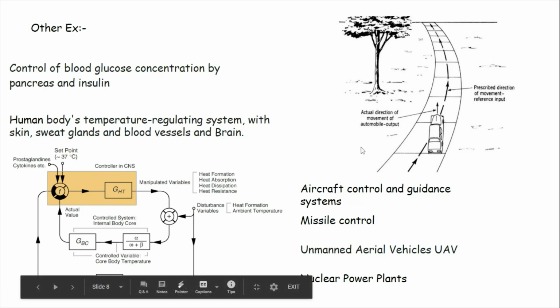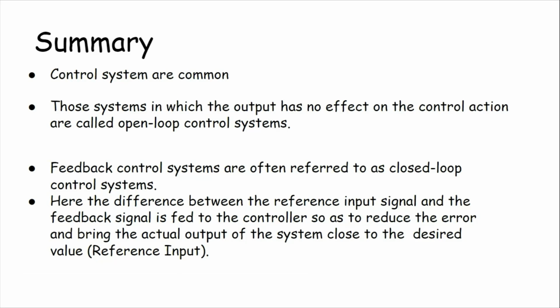Now, let's summarize our observations. So, control systems are common. You can find them everywhere around you. When the output has no effect on the control action, the systems are called open loop control systems.